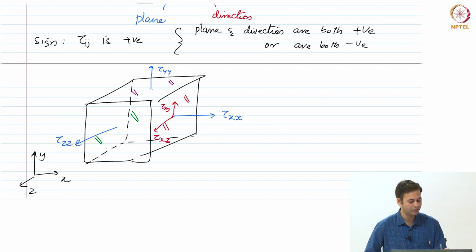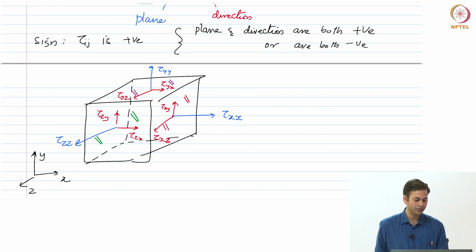And then here similarly we have tau yx acting on the y plane in the x direction, similarly tau yz on the y plane acting in the z direction, similarly tau zx and tau zy. Here all the normal stresses are represented in blue and the shear stresses are all in red. Now, these are all positive.